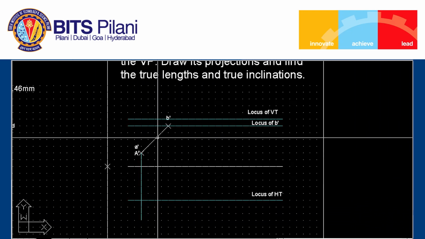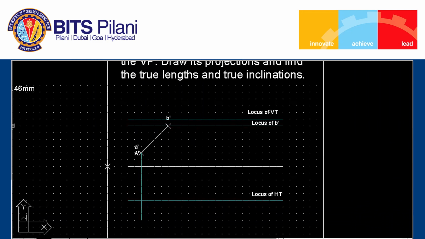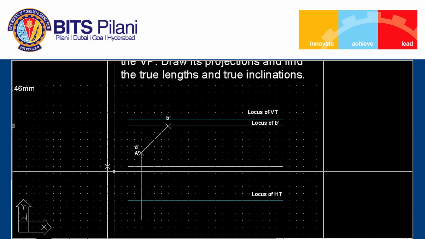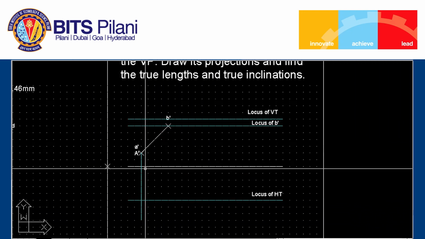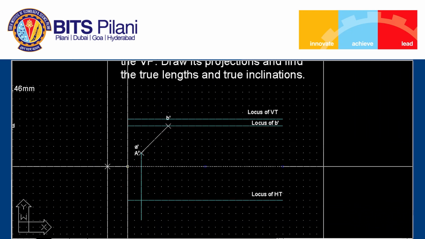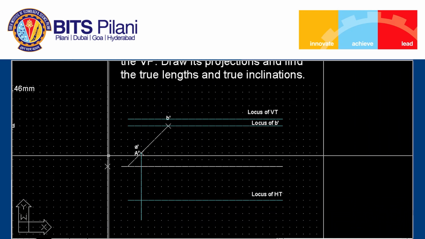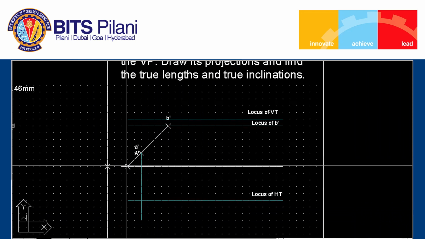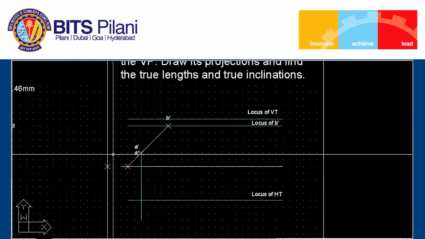So I can extend A prime B prime till the XY line and obtain the point H prime.